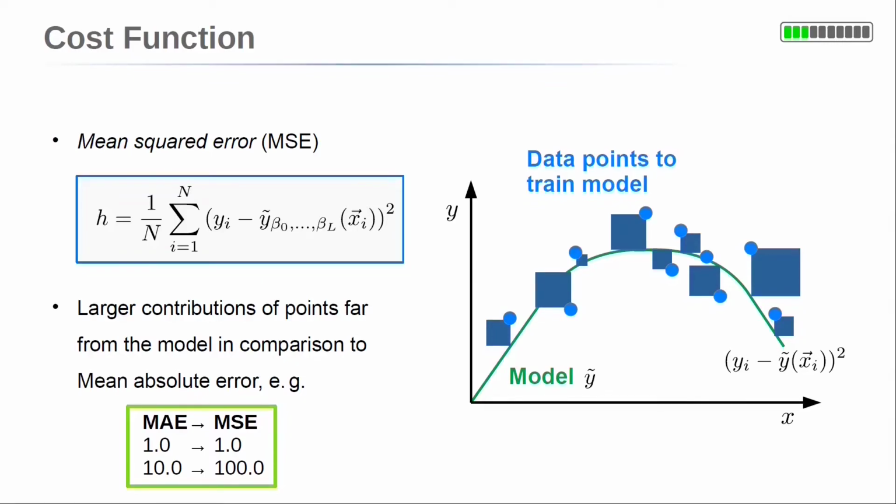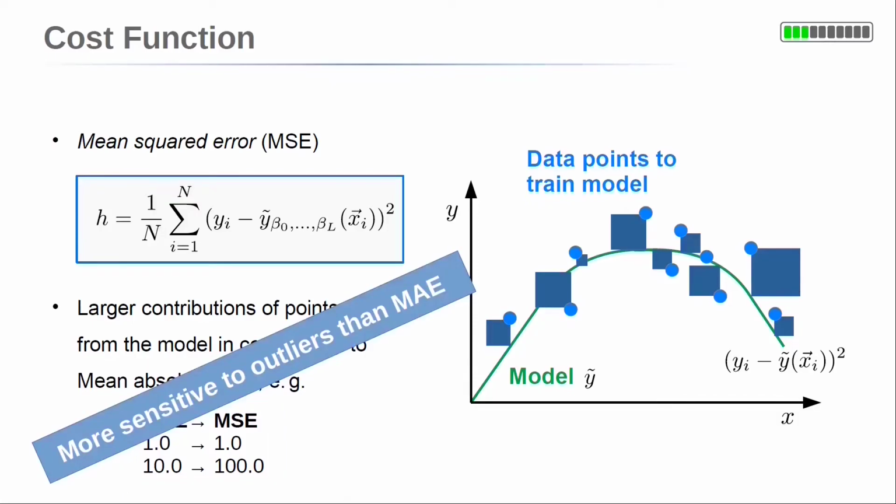For example, a contribution of 1 in the sum of mean absolute error is still a 1 in the mean squared error, but a contribution of 10 in the mean absolute error is now 100 in mean squared error. So we have for mean squared error larger contributions of data points far from the model in comparison to mean absolute error. Single data points that differ significantly from the other data points are called outliers.